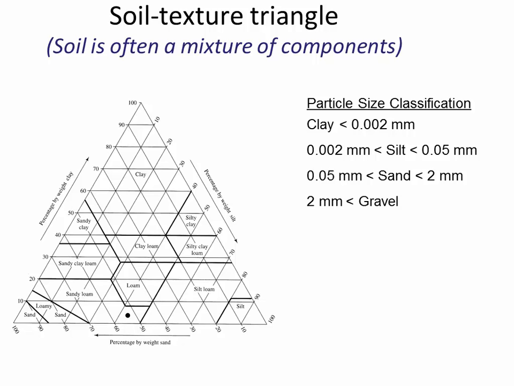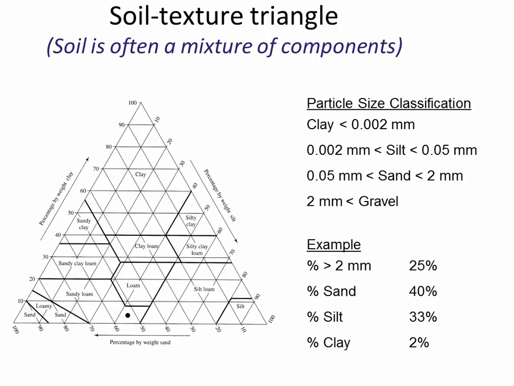This is a figure that maybe you've seen before in soil mechanics class. The only point that I want to make when we look at this is that soil is a mixture of components. We don't want to be naive and say that we have soil that is sand, because it's pretty uncommon that a soil would literally only be sand.